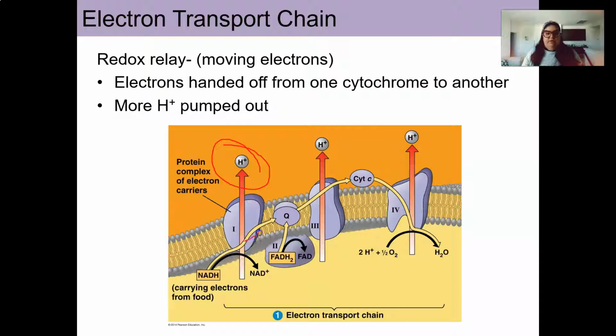And the electrons can move along and create another reaction, moving electrons further off of the other electron carriers. And then we move our electrons through our other protein complexes again and pumping out more hydrogens.